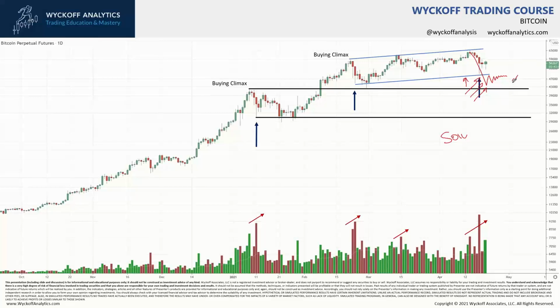And fourthly, we need to break to the downside as a confirmation. So these are the elements of the sign of weakness, and we don't see it here. So far, it looks like a sign of weakness, but it acts more bullishly than a sign of weakness would.